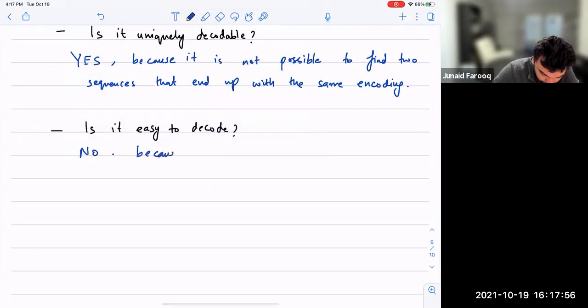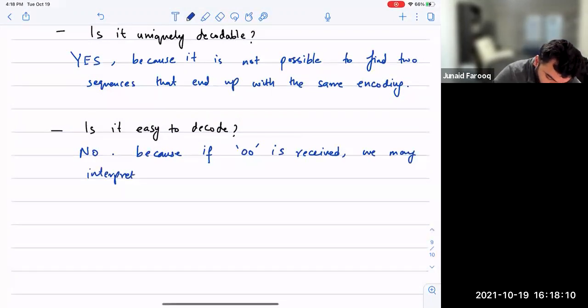Because if 0, 0 is received, we may interpret it as AA or AB or AC.